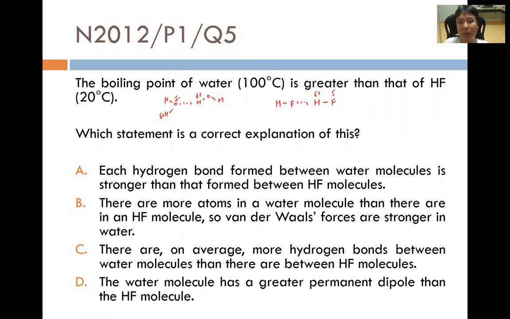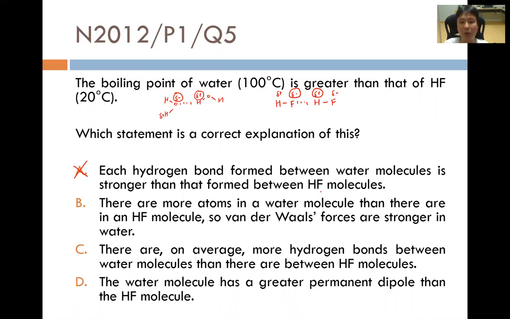However, because fluorine is more electronegative than hydrogen, it is expected that the magnitude of this delta minus and this delta plus would be stronger than the delta minus and delta plus in the case of water. So it is expected that the hydrogen bond in HF would actually be stronger than that of water, and this is opposite to what is mentioned in option A. So option A is not the correct answer.